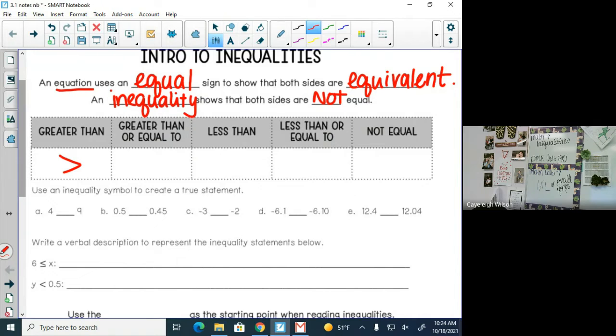It has a line under it because if it's greater than or it's equal to, that makes it true. So the word or, okay, we'll put it in terms of housework. Your mom comes home and she says, you need to do the dishes or take out the trash. What does that mean you should do?